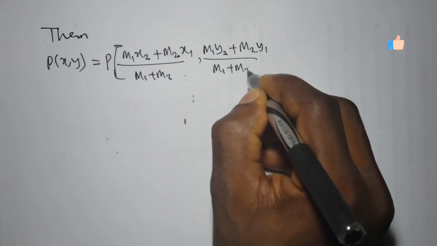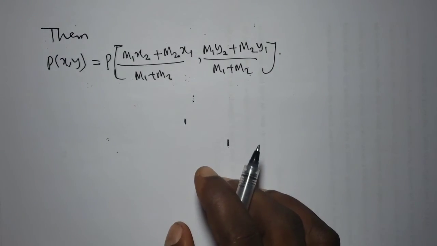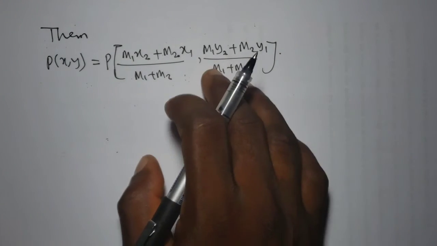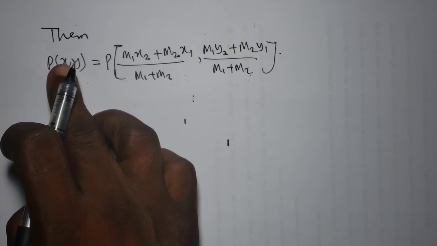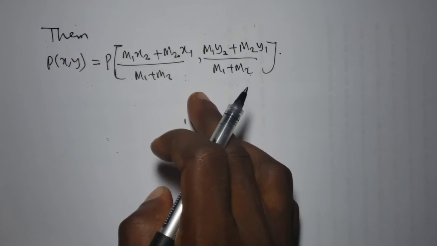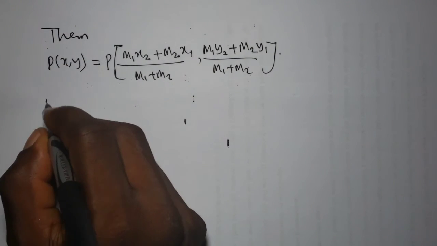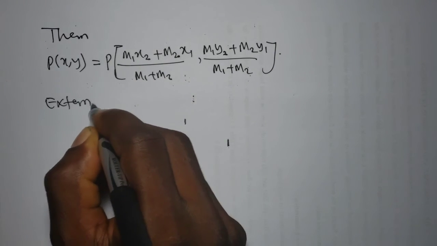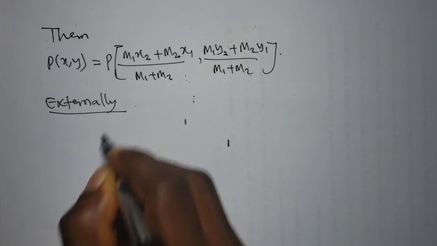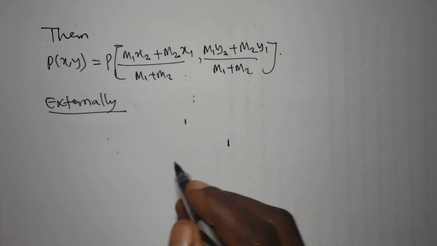So with this, we can get the coordinates of the point P, x, y that divides the line segment internally. Now the question is, what happens if the point P, x, y divides the line segment externally?